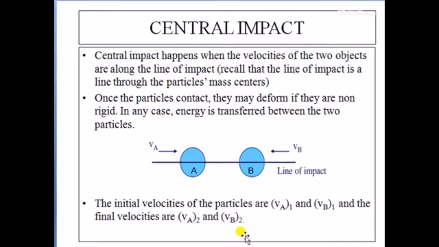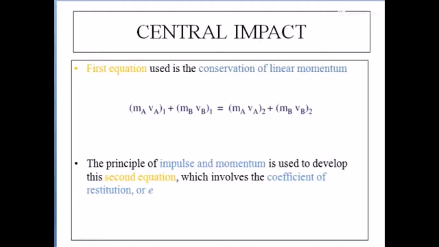To determine these final velocities, we have to solve two equations. So what are the two equations? The first equation is the conservation of linear momentum: the product of mass and velocity of the object before impact, summed over both bodies, is equal to the summation of the product of mass and velocity of the objects after impact.